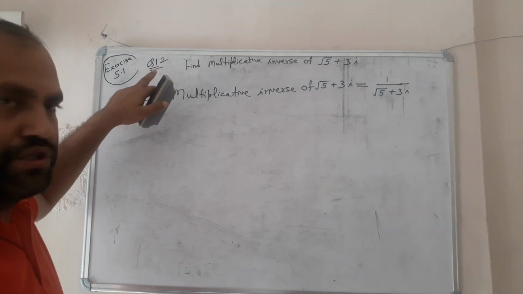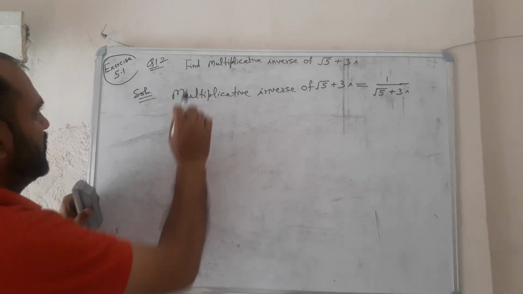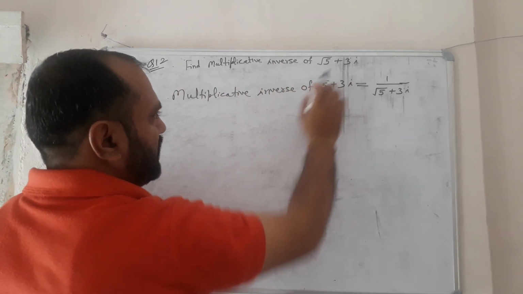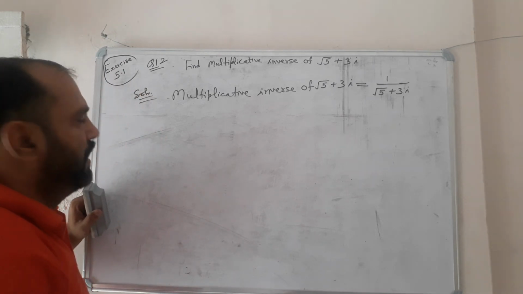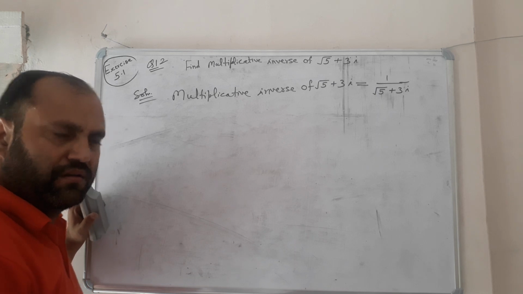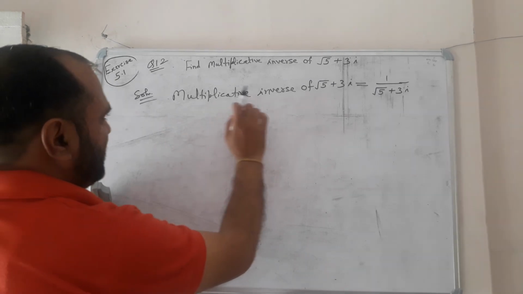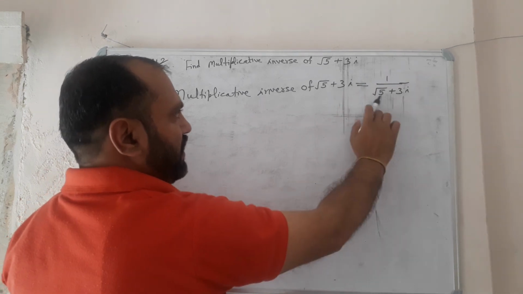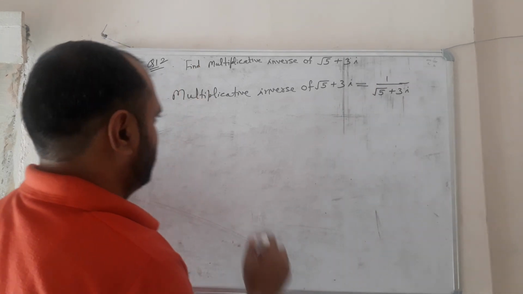Now, question number 12. Find the multiplicative inverse of root 5 plus 3 iota. As you know, the multiplicative inverse is the reciprocal. So, multiplicative inverse of root 5 plus 3 iota is equal to 1 upon root 5 plus 3 iota.